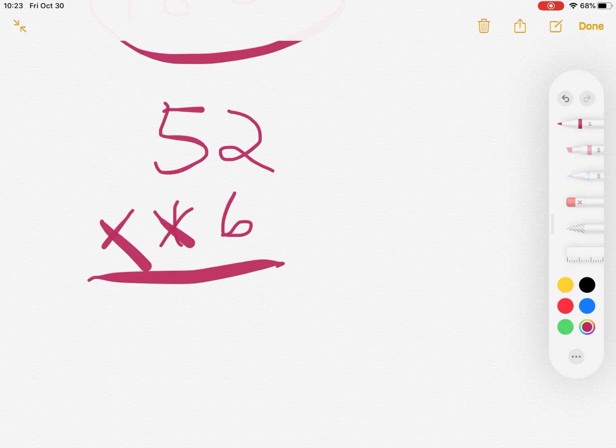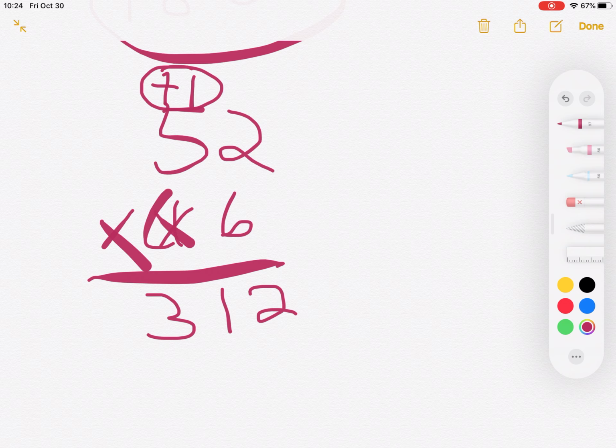And it's a 2-digit number, so we put the 2 here, and then add our 1. So 5 times 6 equals 30. And since we need to add our 1 right here, it'll be 31. So 31. And so far we have 312.